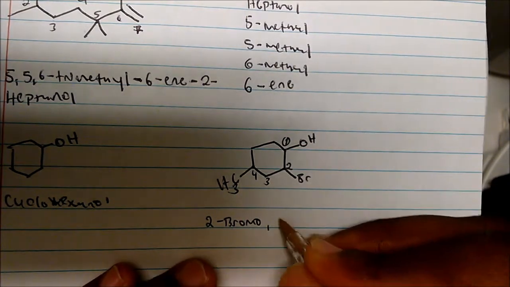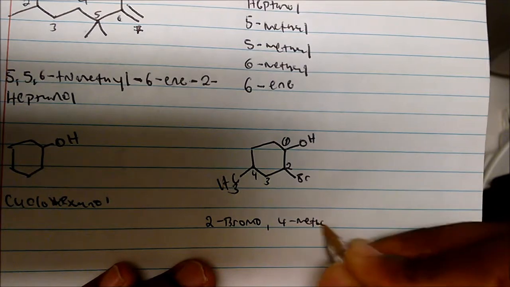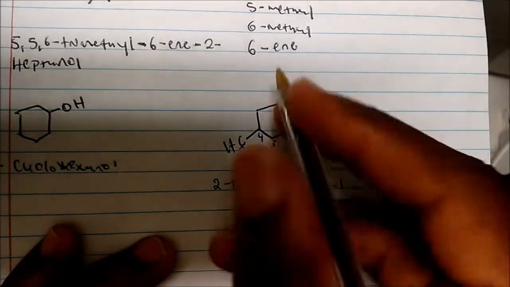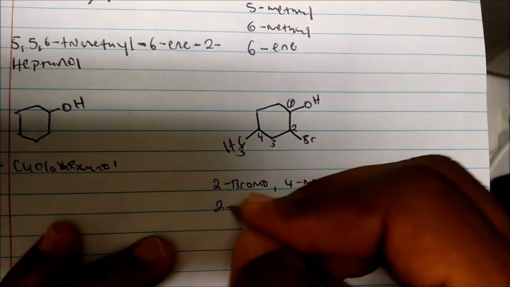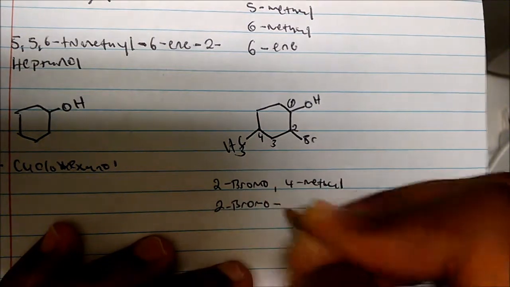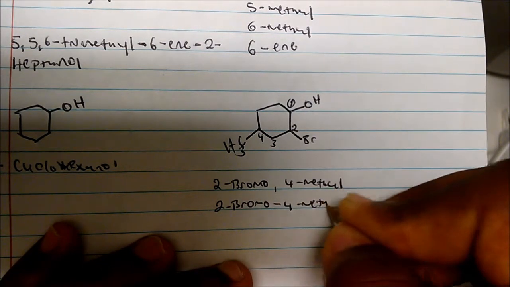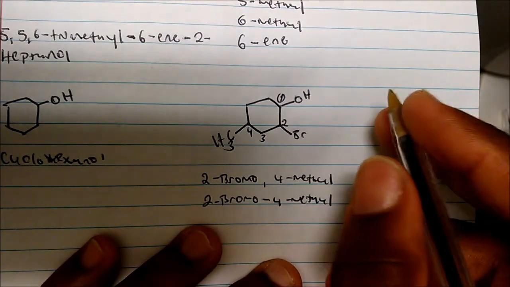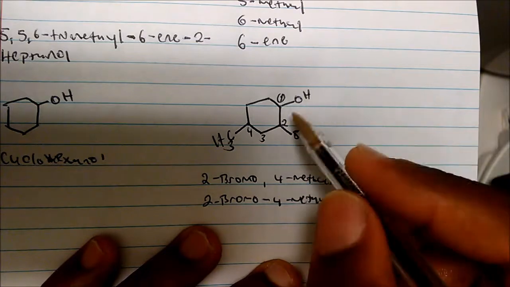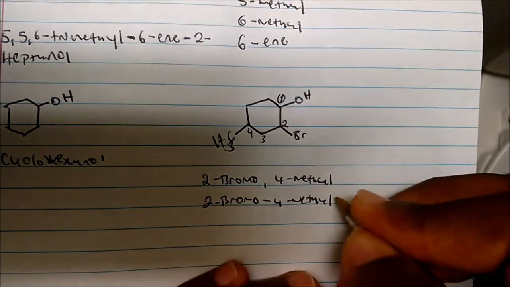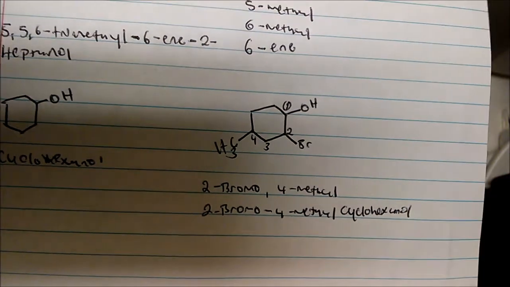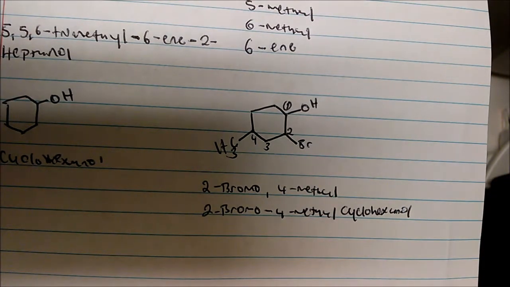And carbon 4 we have a 4-methyl, and that takes care of all our substituents. So putting everything together, this would be 2-bromo-4-methyl, and then our parent name, the cyclic, right? So this is cyclo. Usually this would be cyclohexane, but because we have an alcohol, this would be cyclohexanol, right? And this would be the naming of that compound.